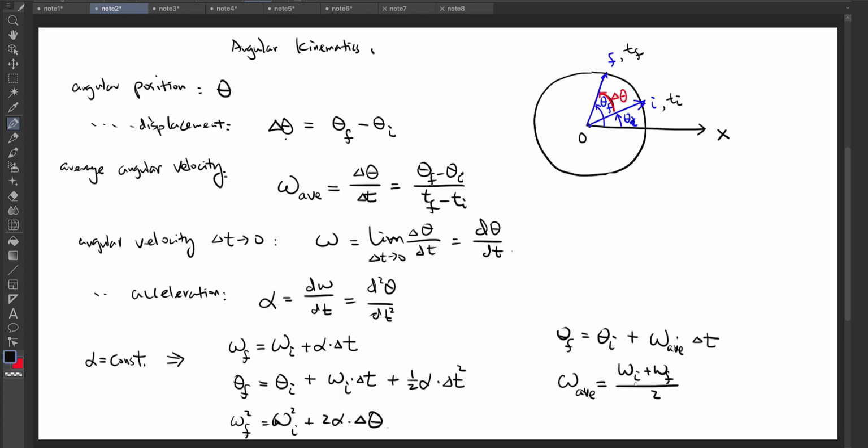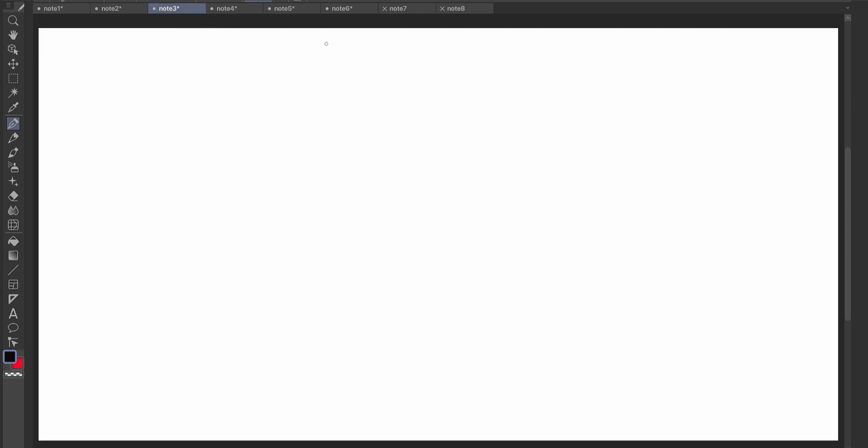So you can say it's the average of initial and final angular velocity. Their average is omega average. Okay, so that's the angular kinematics. All right, so now let's talk about a kind of special motion called uniform circular motion.